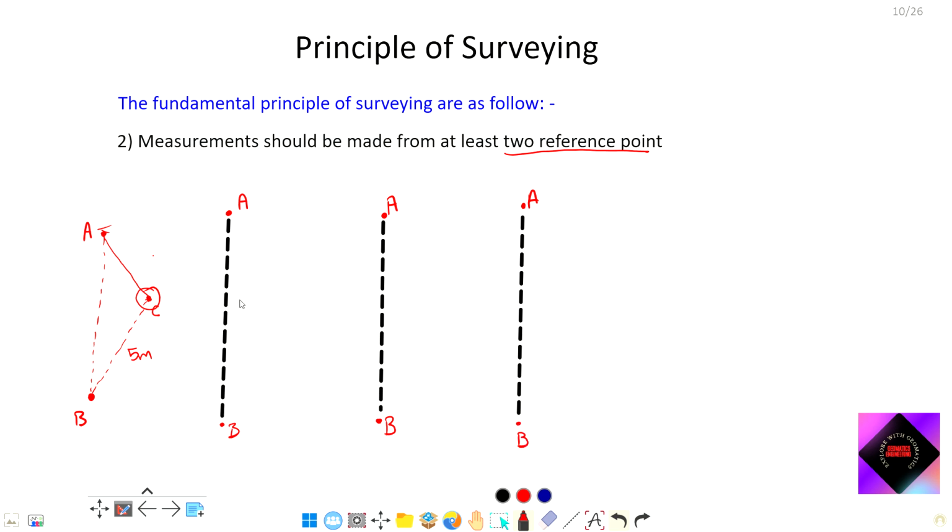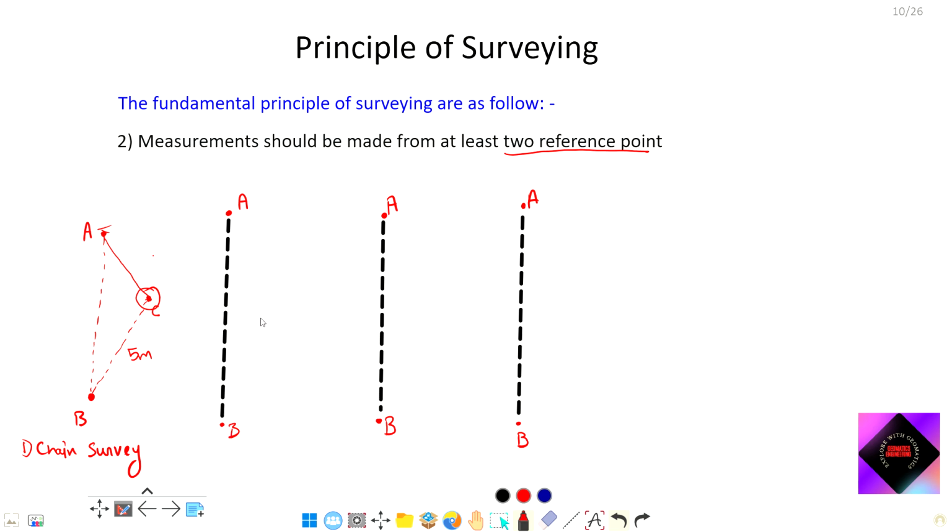First we have seen that from A and B we know the distances, and by measuring those distances we get the point C. This method is considered chain surveying. In chain surveying we only measure linear measurements and then plot the point.